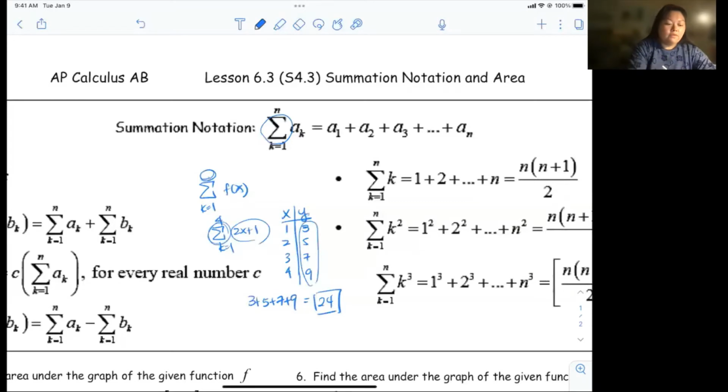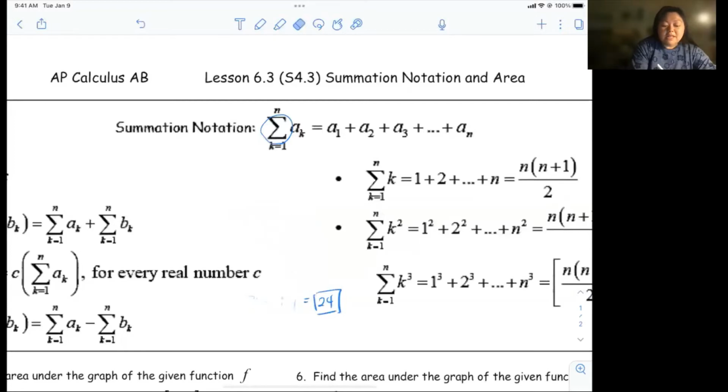So why is that helpful? Well, in our rectangles, when we're doing our LRAM and RRAM, what we're doing is basically adding up all the Y values. We were able to take our base and add up all our heights, our Y values. If you recall in our notes, I keep saying f of x values, because those are your Y values. So it's just the f of x, the function.